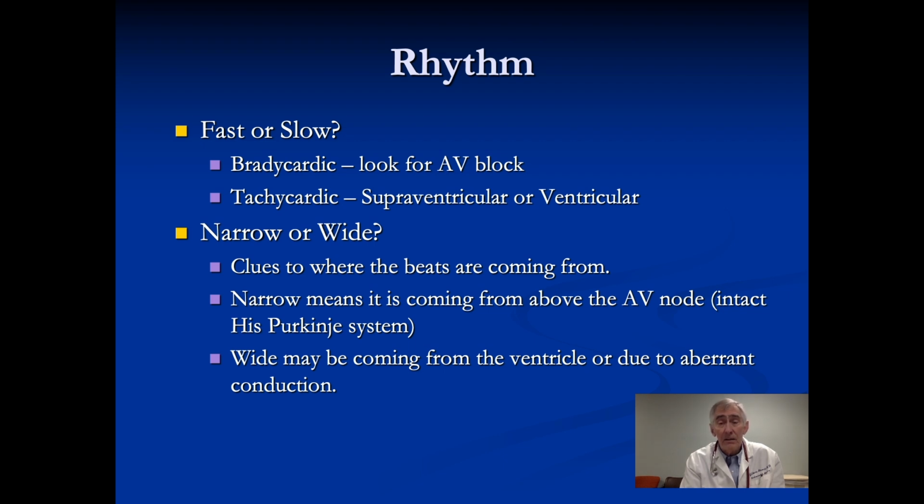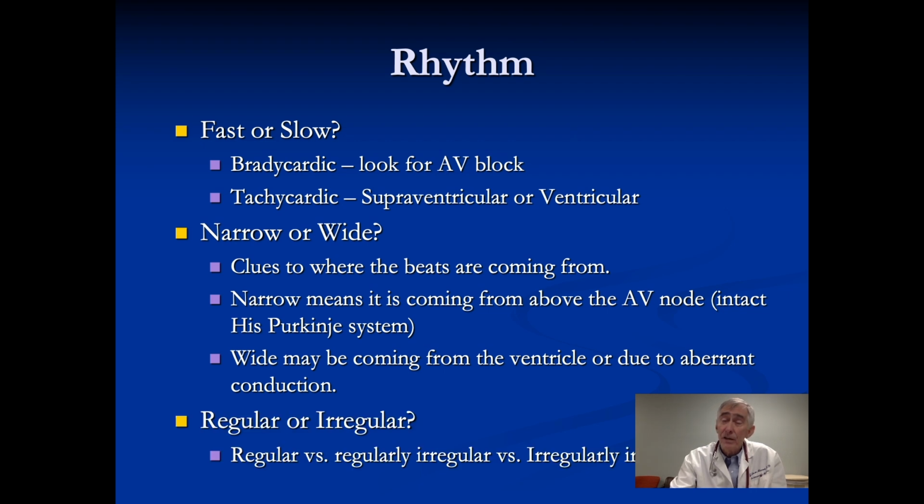Now, wide, we're going to discover may be both supraventricular, in other words, above the ventricle, and narrow, or it may be in the ventricle itself. And so that leads us to a conundrum and how to diagnose this. And that takes looking at the EKG and a whole different topic. We'll talk a little bit about a couple of these coming up.